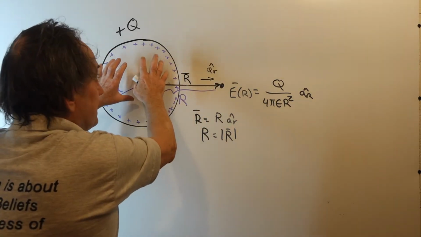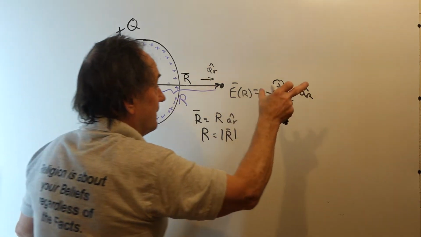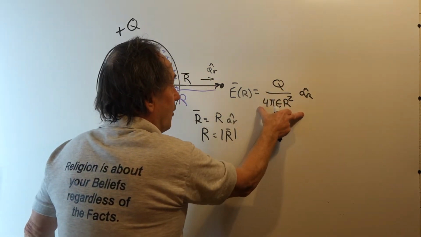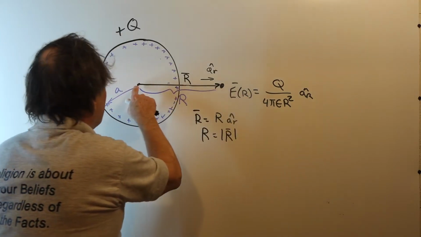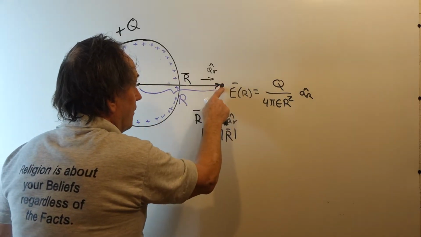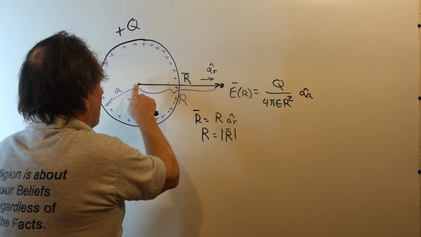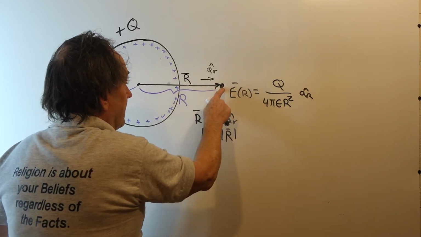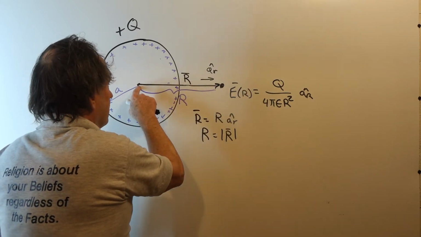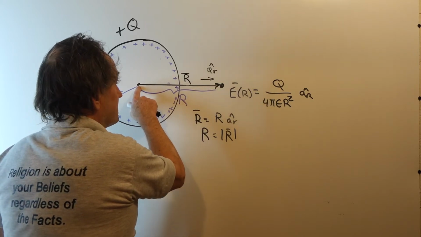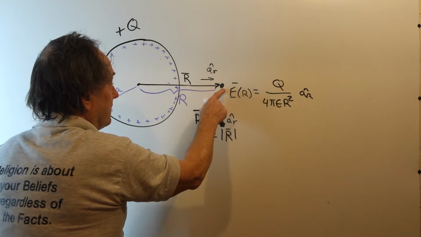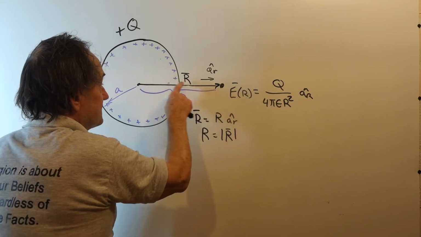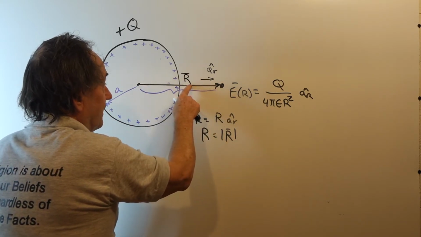Well, with the charge being uniformly distributed, then by Gauss's law, we know this will be the field at a distance capital R from the center of the sphere out to a point. I indicate that the radial vector from the center of the sphere, which has radius a, out to a point, has position vector capital R.